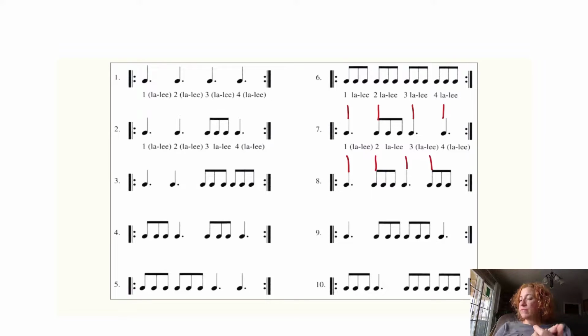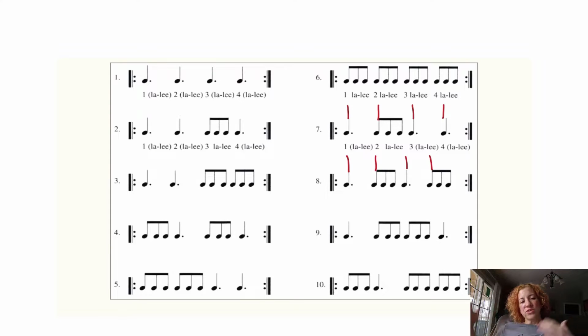Easy peasy. Number 8. 1, 2, 3, 4. Because I've marked where my little toe's doing its thing, my head's bopping, I'm feeling the beat, and I've marked where the beat lies. And so it really just makes it easier to sight read.